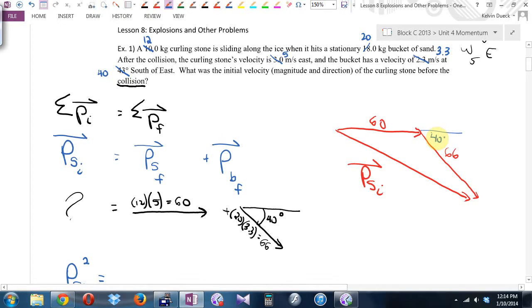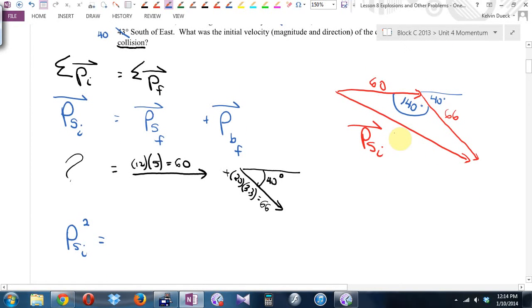How's that help? Oh, from 180? So this must be 140 degrees, right? Okay, now I'm better. And that's going to be what I know squared. What else do I know squared?